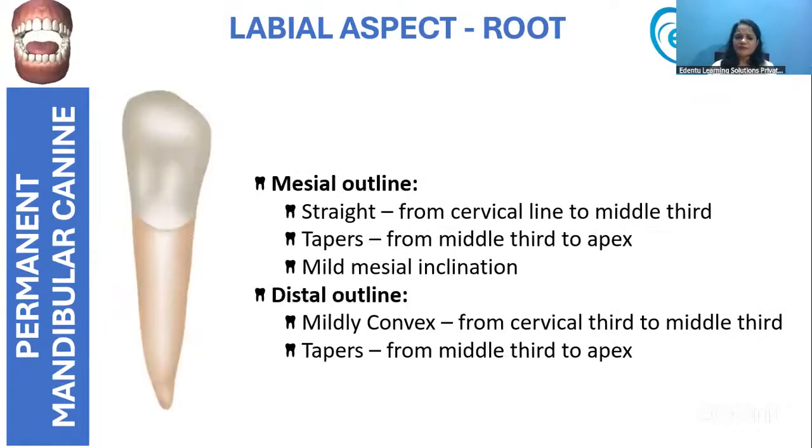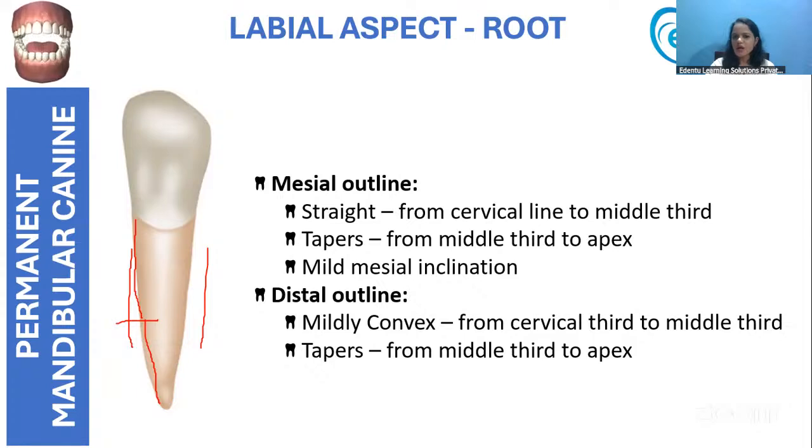Next, coming to the root surface. If you look at the root, there is the mesial outline and the distal outline. The mesial outline is usually straight from the cervical line to the middle third, and from the middle third it tapers, just like we described the root of the other surfaces. Mild mesial inclination can be seen, whereas for the maxillary canine it was a mild distal inclination.